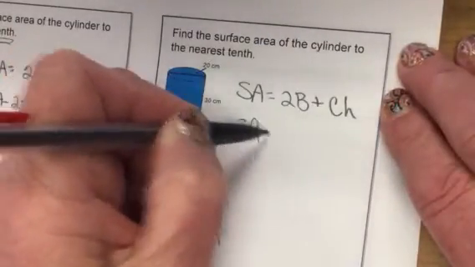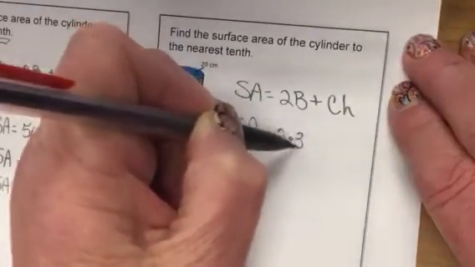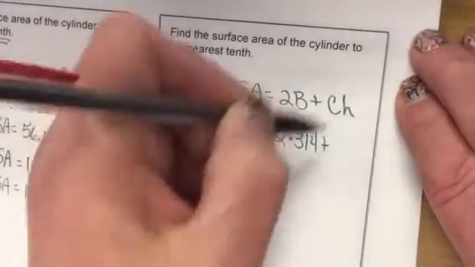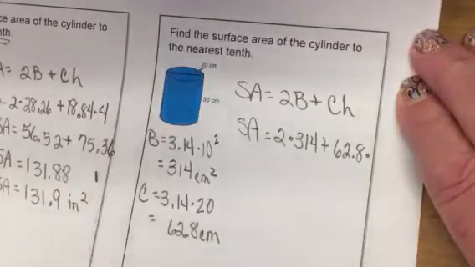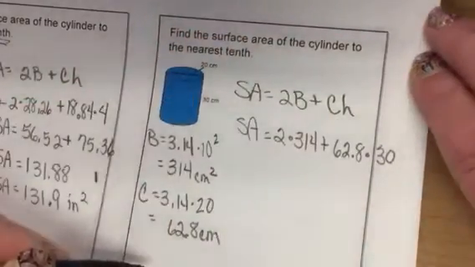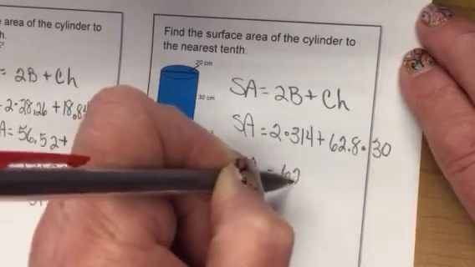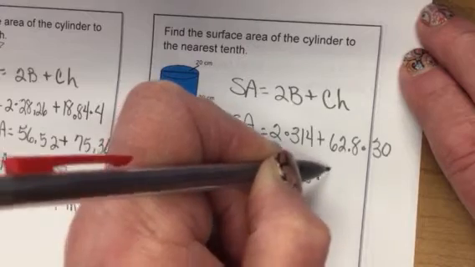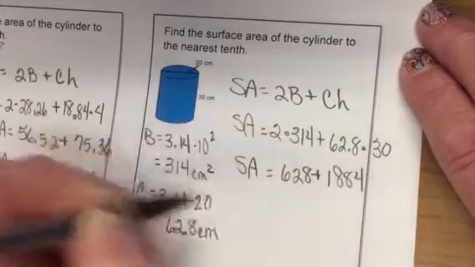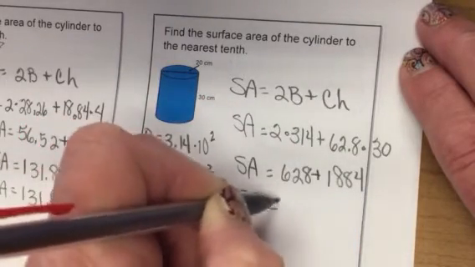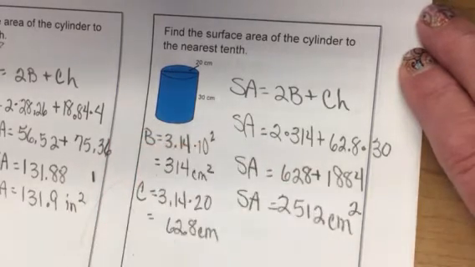So surface area equals 2 times 314 plus circumference 62.8 times a height of 30. 628 plus 1,884. 2,512 centimeters squared.